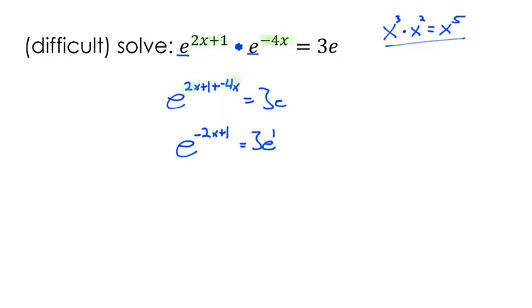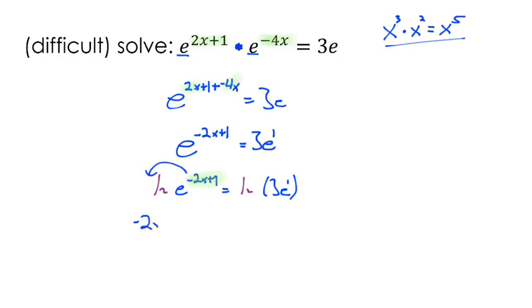What I'm going to do is, like we did in a previous problem, take the natural log of each side. So I'm going to take the natural log of e to the negative 2x plus 1, and that's going to be equal to the natural log of 3e, and I'll just put that little 1 exponent there. And what happens is, once again, I think this was our problem number 2, that exponent can become a coefficient out in front.